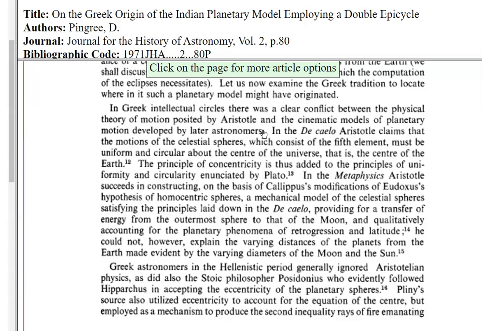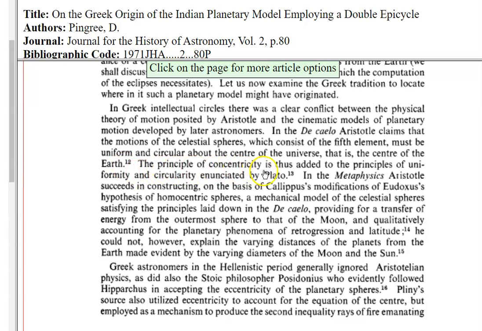In the De Caelo, a book written by Aristotle, Aristotle claims that the motions of the celestial spheres, which consist of the fifth element, must be uniform and circular about the center of the universe, which we discussed. That is the center of the Earth. So basically, planets move around in a circle with the center of the Earth as the center. So basically, that's what Aristotle said, and that's what you see in Indian models.